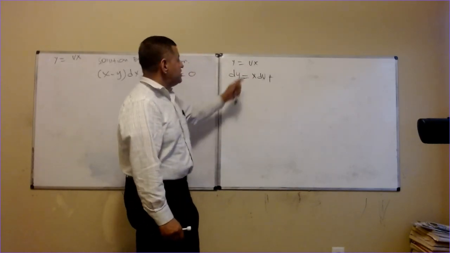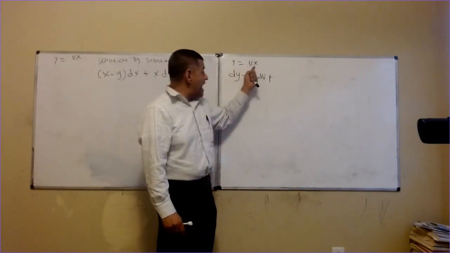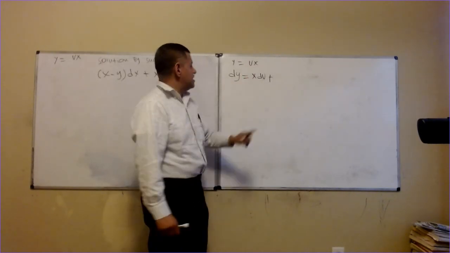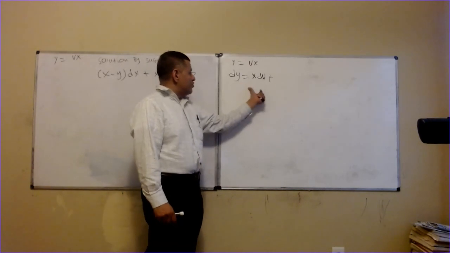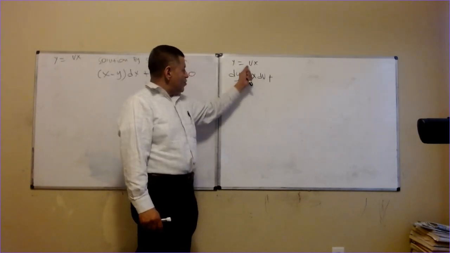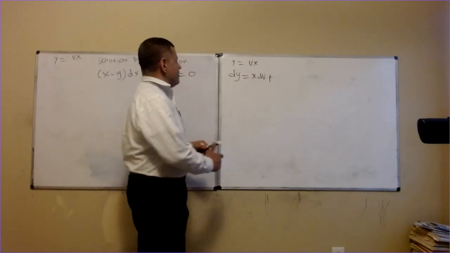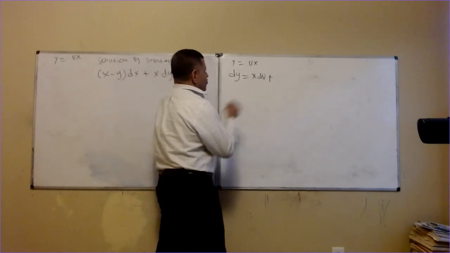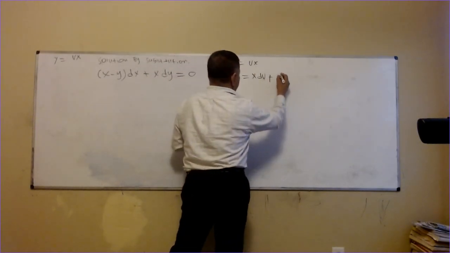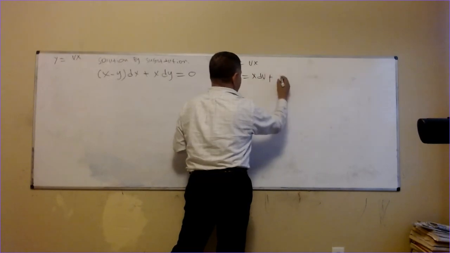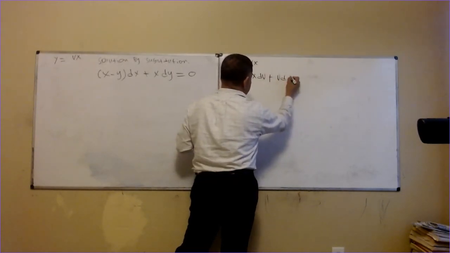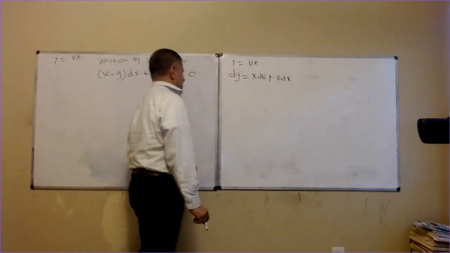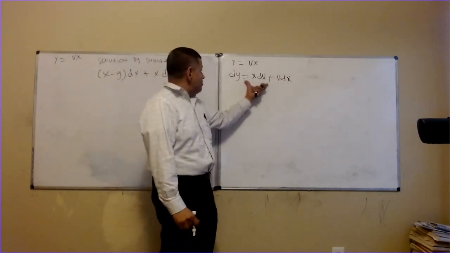I already took the derivative with respect to v, now I do it with respect to x, and I get v dx. So that is the derivative of this: dy equals x dv plus v dx.